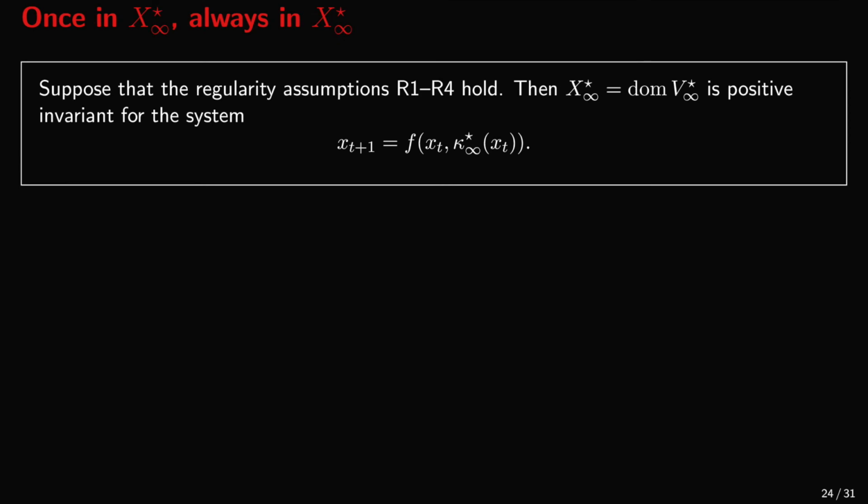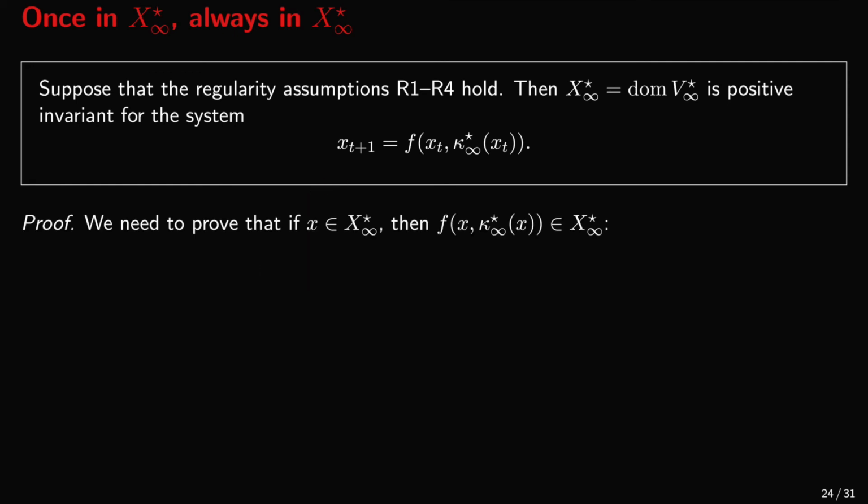Indeed, under the regularity assumptions, the set X infinity star is positive invariant for the kappa infinity star controlled system. To prove this, we need to show that if x is inside X infinity star, then f(x, kappa infinity star(x)) is also inside X infinity star. We start by taking a point x in X infinity star, which is the domain of v infinity star.